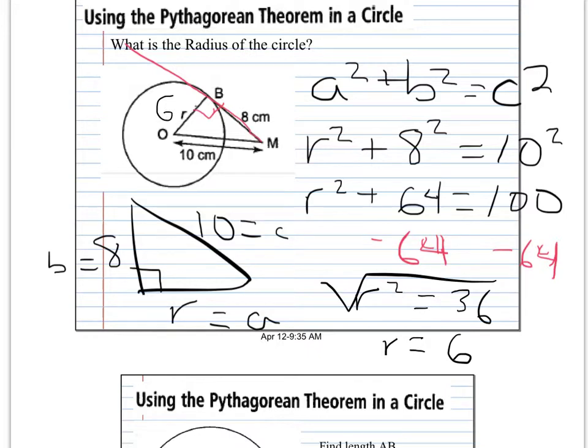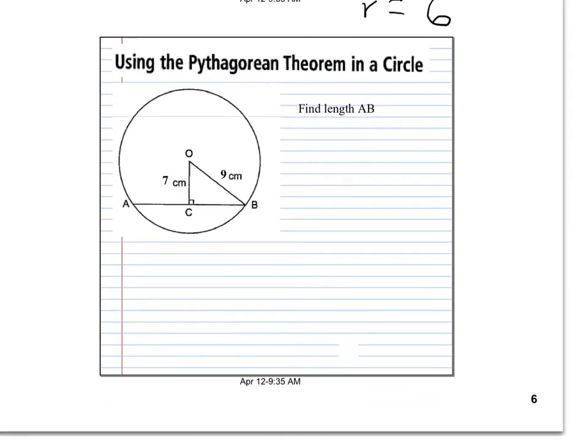Hey, one more example of Pythagoras. If you need to find the length now of A to B, all the way across, first thing you need to do is find the length of C to B. And whenever we find the length from here to here, we're now obviously just going to double it. So the same rules apply. The angle at C makes a right angle, shown by this box here. So using that, we will again use Pythagoras.